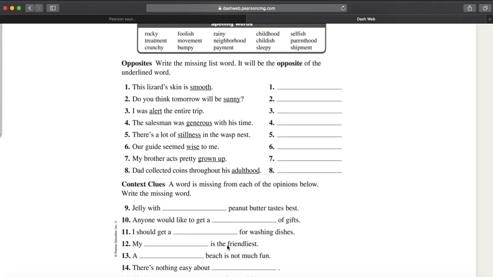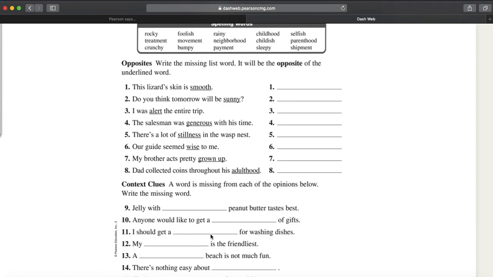My blank is the friendliest. My neighborhood is the friendliest, because your neighborhood is where your neighbors live. So here, my neighborhood is the friendliest. They like to come, they like to visit, they like to go out, so they are friendliest. Number 13.